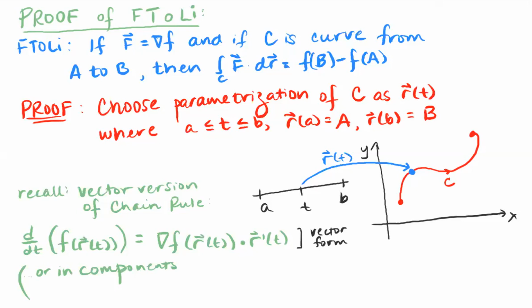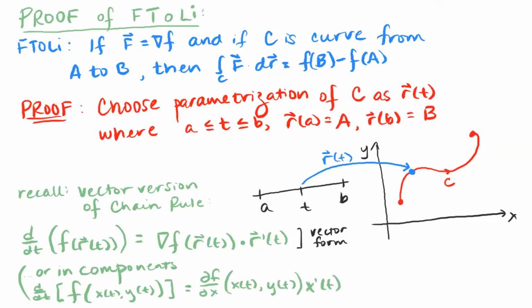that would be d dt of f of x of t, y of t equals partial f partial x of x of t, y of t, times x prime of t, plus partial f partial y of x of t, y of t, times y prime of t.